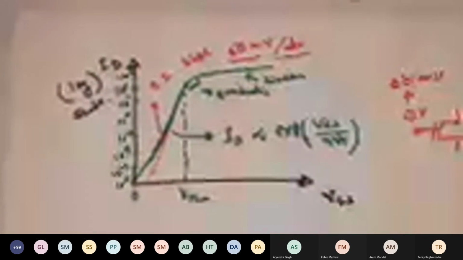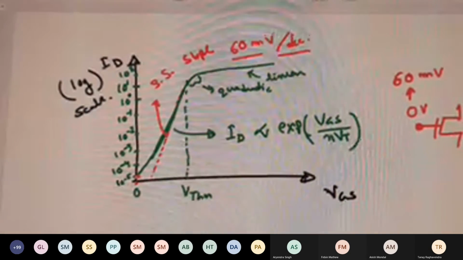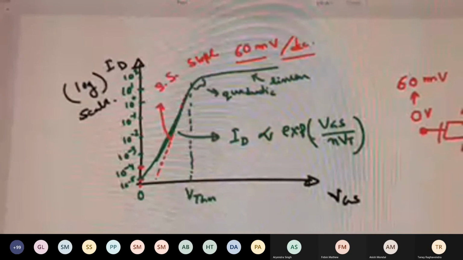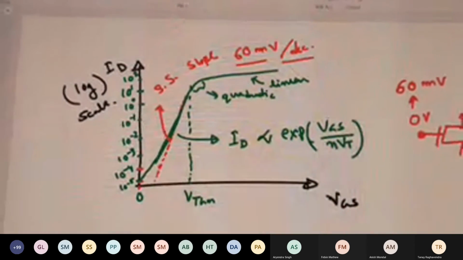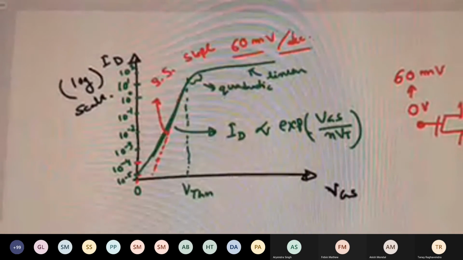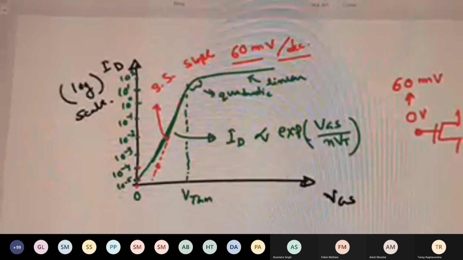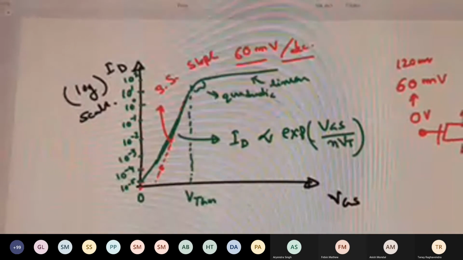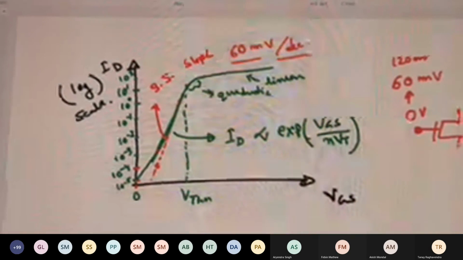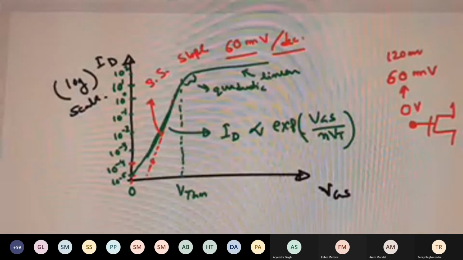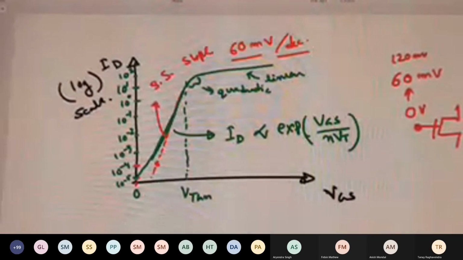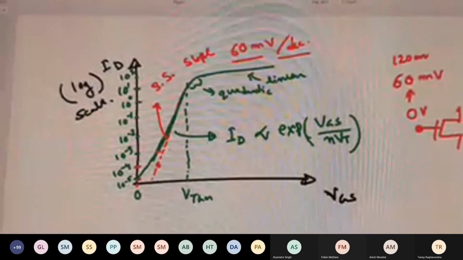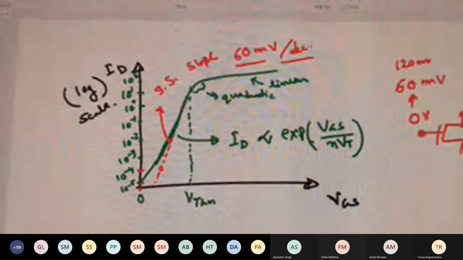That means the current has increased from 10 to the power minus 5 to 10 to the power minus 4. So you can understand that now the transistor will be leaking very fast, right? Now if you make it 120 millivolt, then the current has increased to 10 to the power minus 3, right? So even a small change in this VGS can dramatically change the leakage current for this transistor.